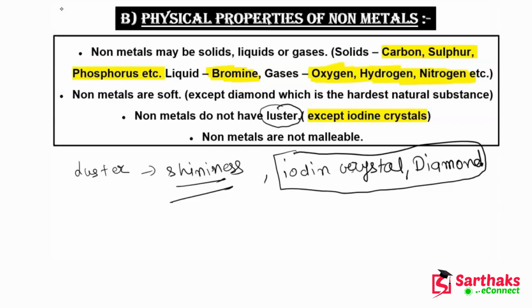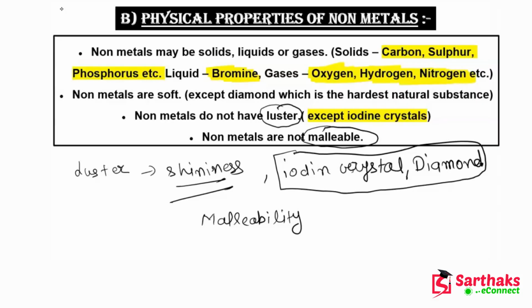Now, guys, let's talk about the other property. Non-metals are not malleable. What is the meaning of malleable? I told you that malleability is the ability to be beaten into thin sheets. Non-metals cannot be beaten into thin sheets.